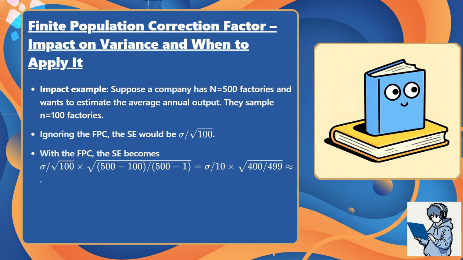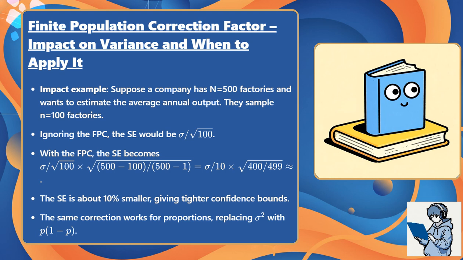With the FPC, the standard error becomes sigma over square root of 100 times the square root of 500 minus 100 divided by 500 minus 1 equals sigma over 10 times the square root of 400 divided by 499, approximately 0.894 sigma over 10. The standard error is about 10% smaller, giving tighter confidence bounds. The same correction works for proportions, replacing sigma squared with p times 1 minus p.